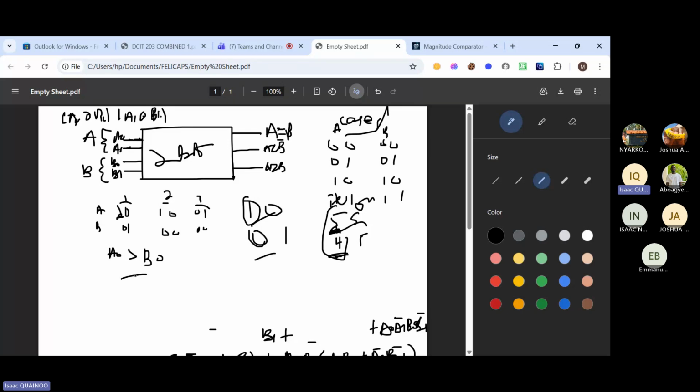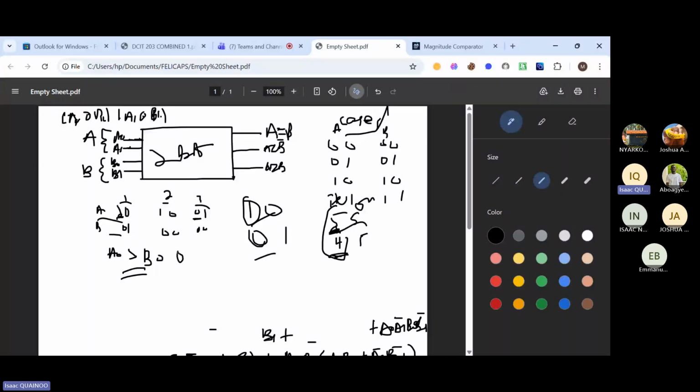Okay. So we've established this, right? So if we come here, we can see that this is the first rule. If this happens, then universally we can conclude that A is greater than B, because the most significant bit of A is greater than the most significant bit of B. Or we can also have another scenario, which happens for this kind of cases. If you compare case 2, it's the same as case 1. The most significant bit of A is greater than the most significant bit of B. Okay.